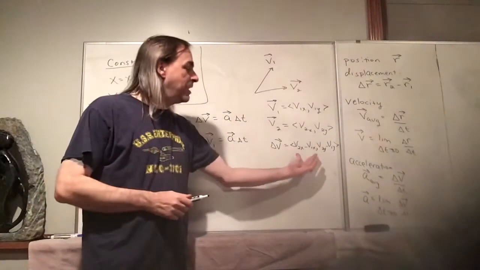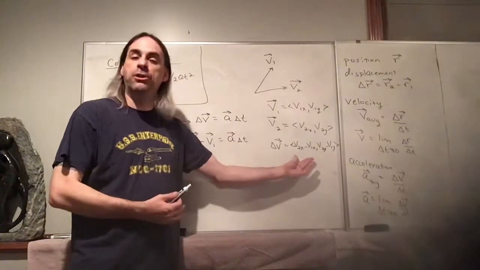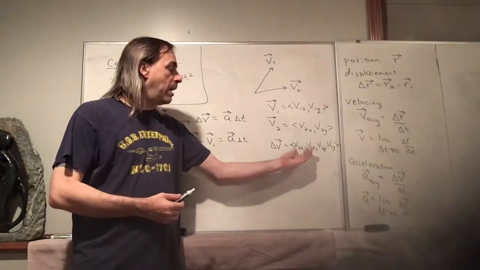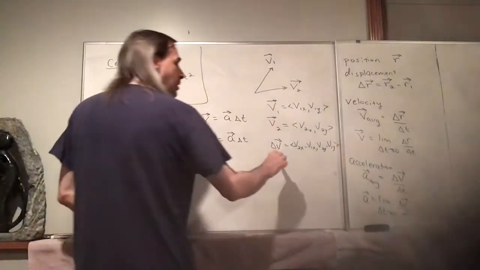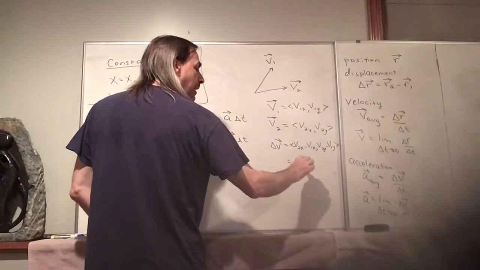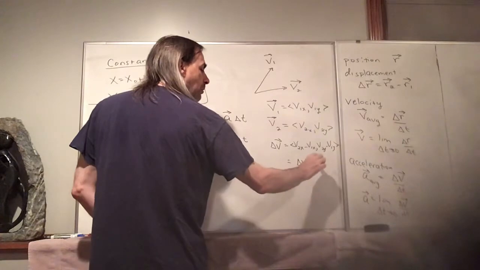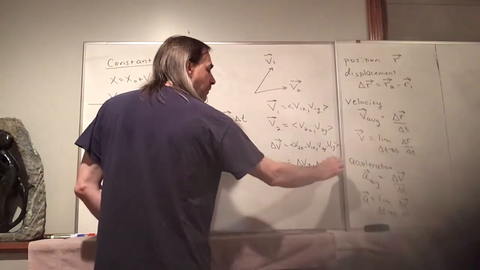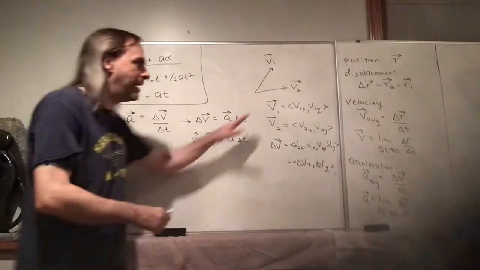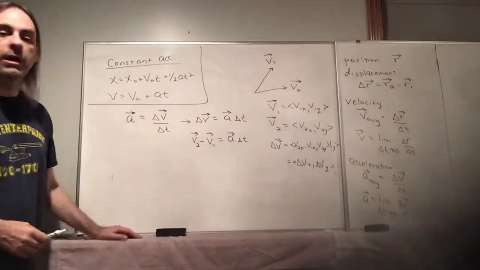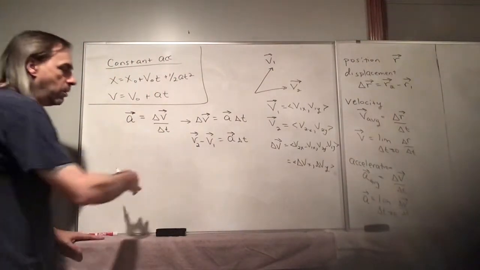And so this is the change in the x coordinates of velocity. So we can call this delta vx, delta vy. So again, I wanted to actually work that out instead of just going directly to it. So let's do that.